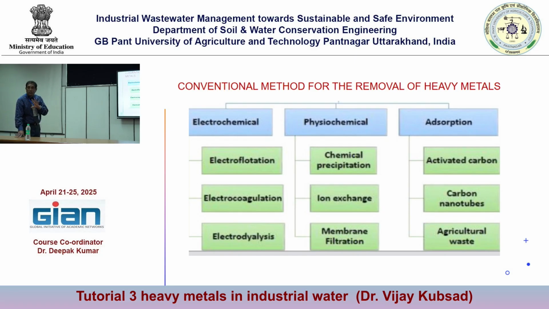So agricultural waste carbon and activated carbon are widely used. See, there is a lot of odor issue. In the fiber industry, the paper industry, charcoal is also used. Activated carbon is also used to remove odor, right? It is possible. There are different ways.